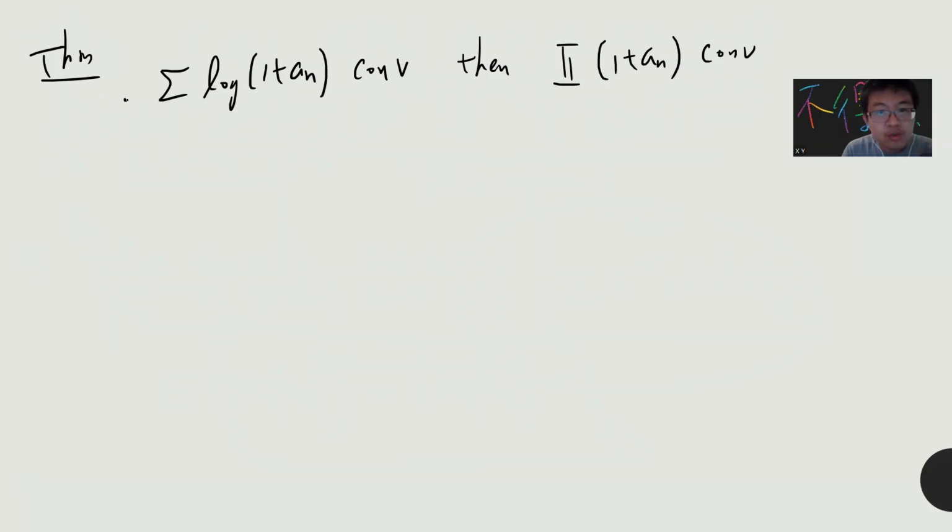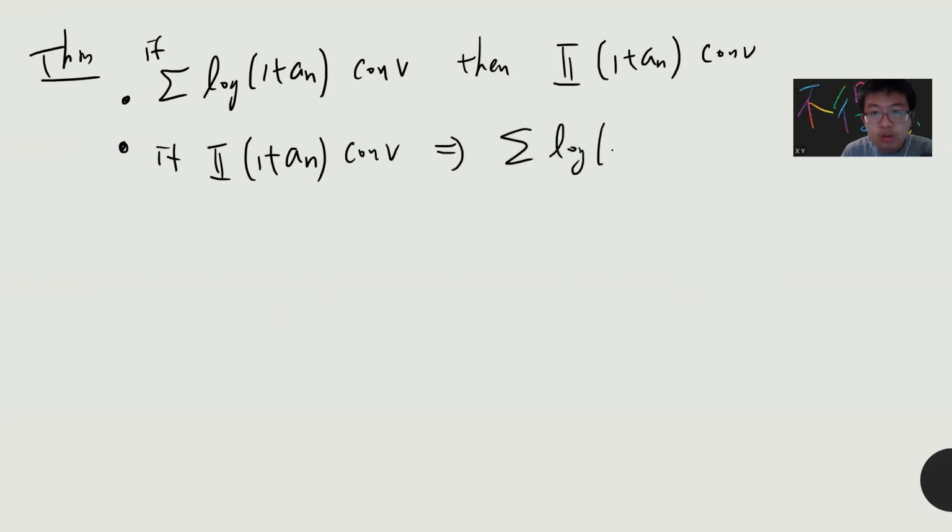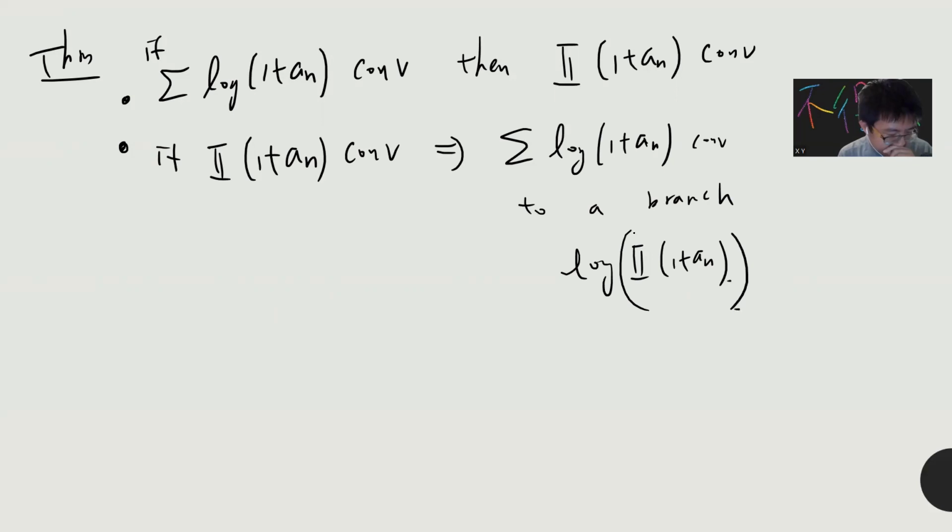So this is the first one. Another one is that if the product of 1 plus an converges, then the summation of log(1 plus an) converges to a branch of log(1 plus an).